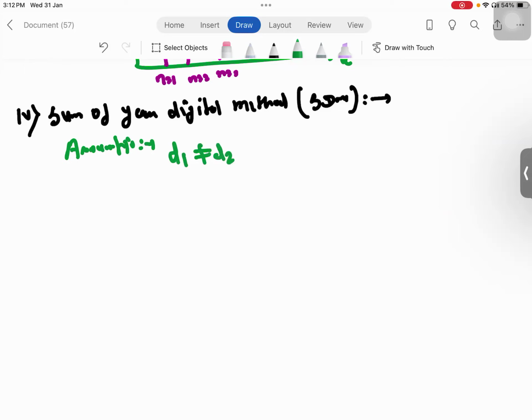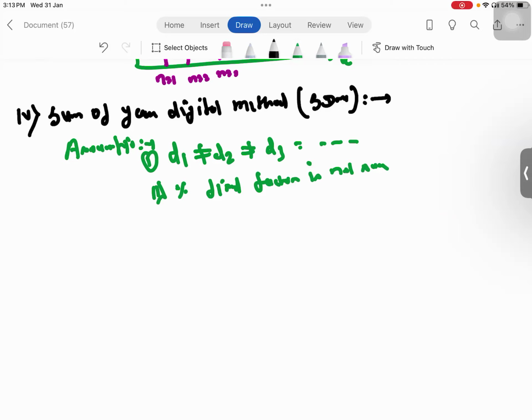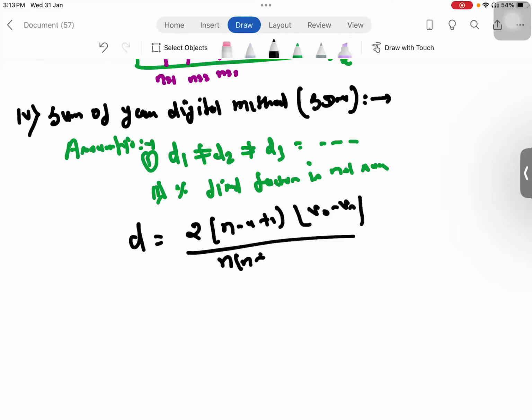So D1 is not equal to D2, which is not equal to D3, and so on. The second assumption is that the percentage factor is not the same as that used in the declining balance method or double declining balance method. The formula for the depreciation here is given as 2 into n minus a plus 1 into V naught minus Vs divided by n into n plus 1.